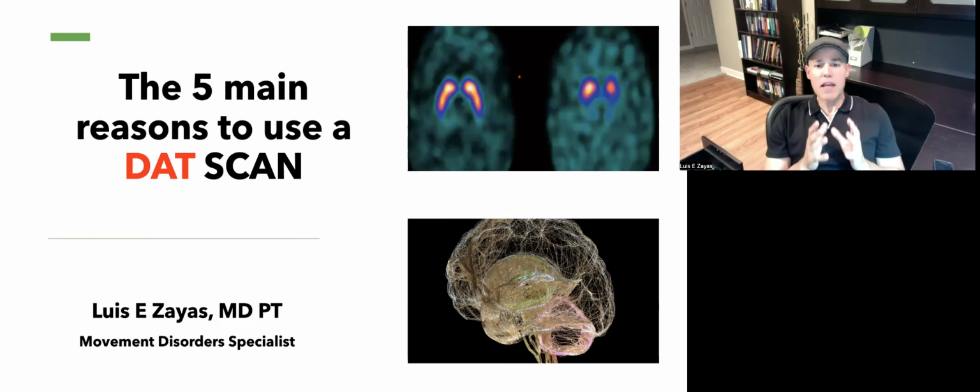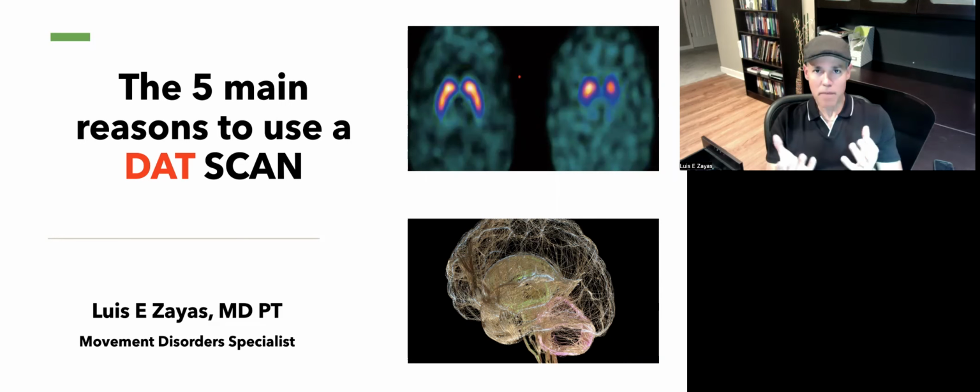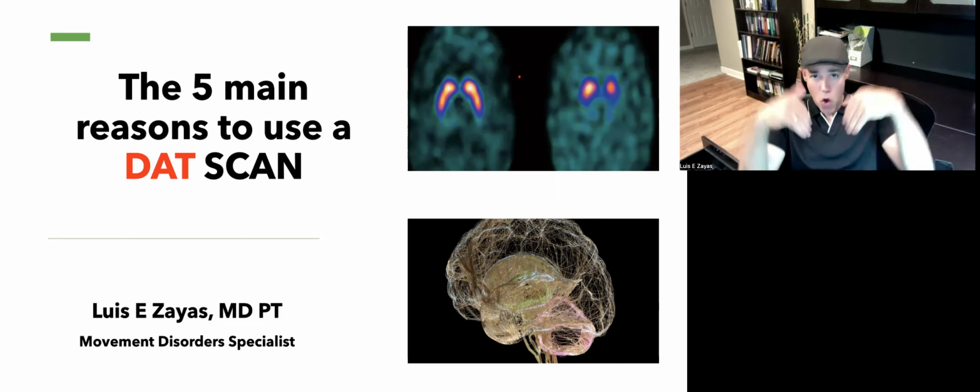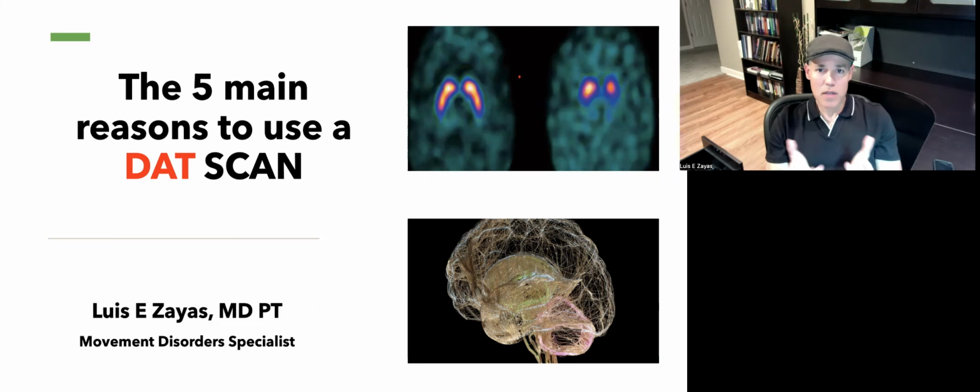Let me start by telling you what is a DAT scan. So the DAT scan is a nuclear medicine test to detect dopaminergic deficiency deep in the brain. Remember that dopamine is the main chemical in the brain that is low in Parkinson's disease. It's not the only one, but it's the main.